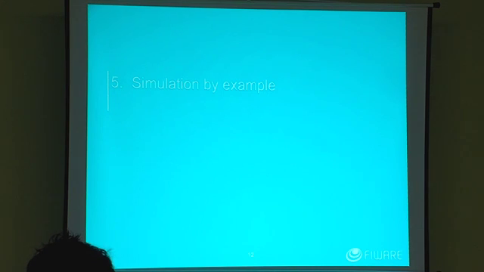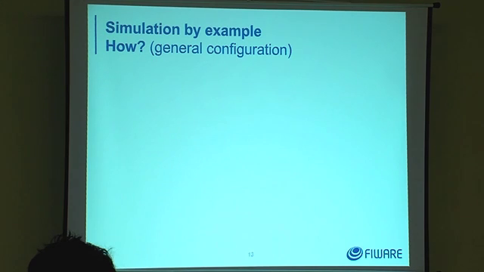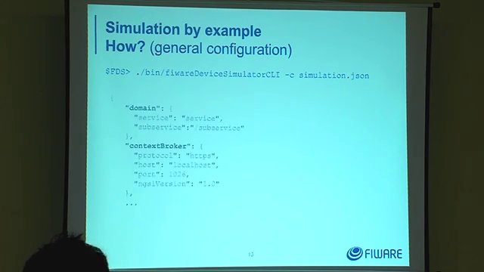So let's see how you can configure the simulator to run these simulations. The first thing you have to do, everything through this JSON configuration file, is, well, these are the commands you will be running many times, but this is the important part, where we are configuring the domain, this service and subservice pair, but also, in this concrete case, the context broker your simulator will be contacting and sending requests to.